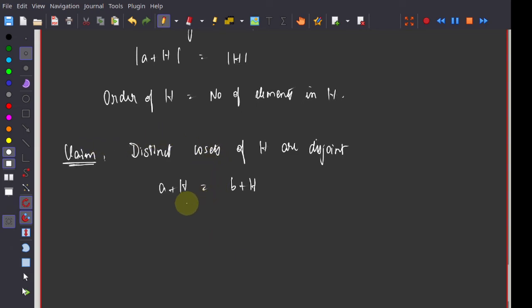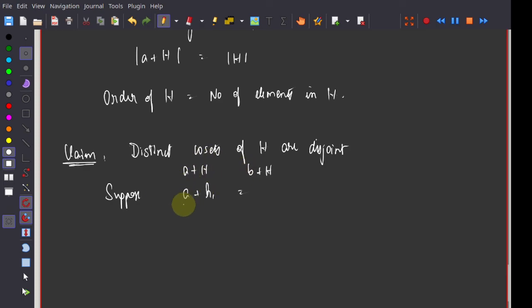Suppose that there is some non-trivial intersection. We're looking at A plus H and B plus H, the two cosets that we're trying to analyze.